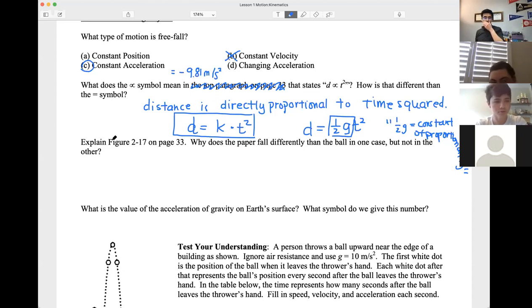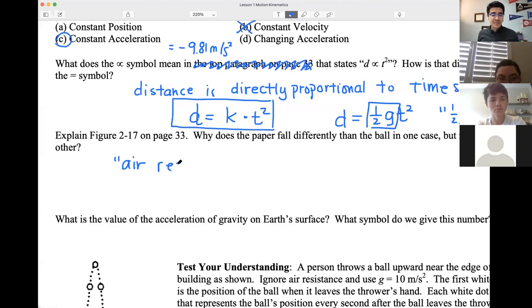Probably because of air resistance. Maybe. Tiffany, what were you saying? The mass is different. Let's assume that they have the same mass. Okay, so then I have a ball and a piece of paper that weigh the same thing. Did you say surface area?